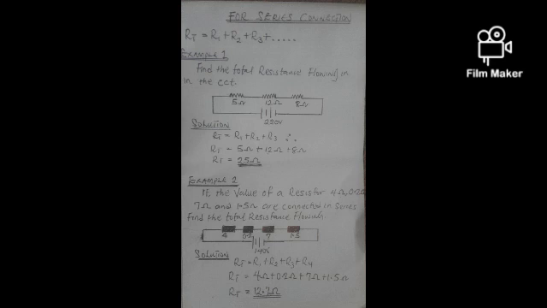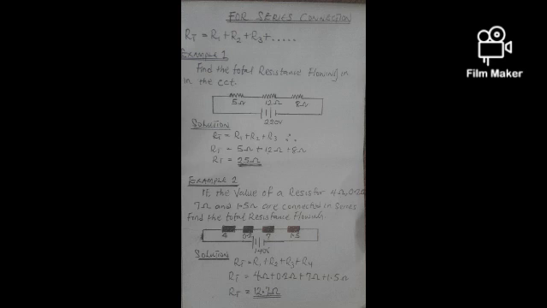Please draw the circuit diagram, then continue. The first thing you need to do is write down the formula, then continue your calculation. Add all the values together to give you the total resistance in the circuit. So this is how to do your calculation on the series circuit.